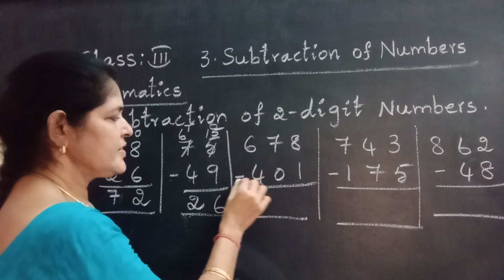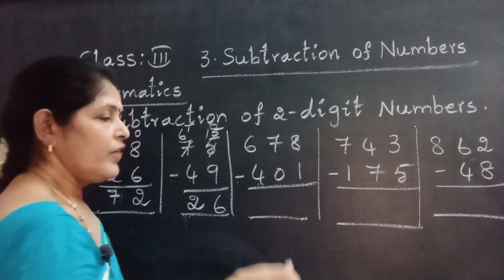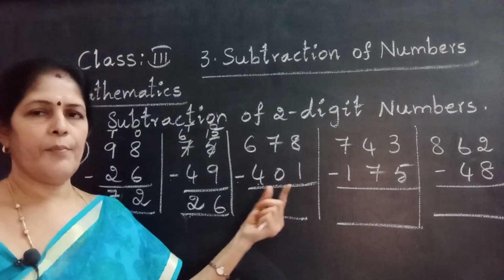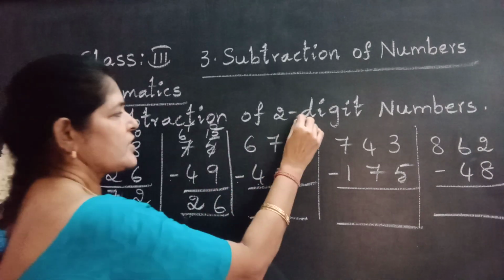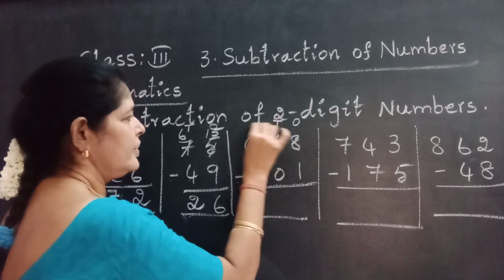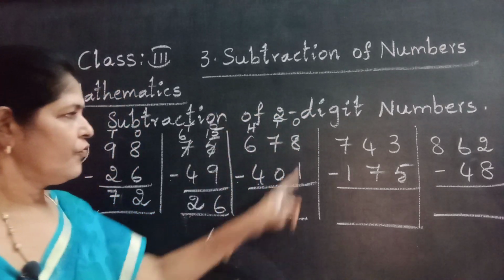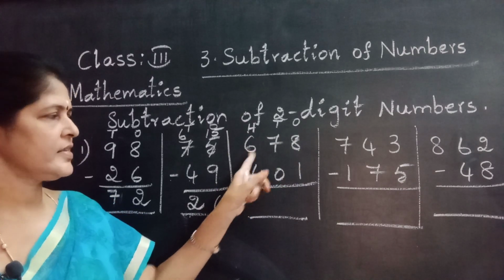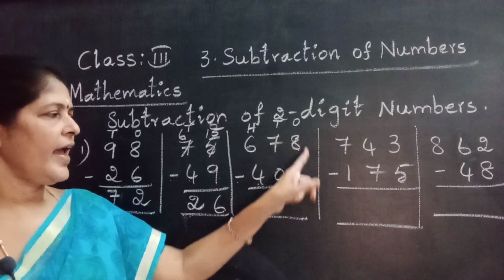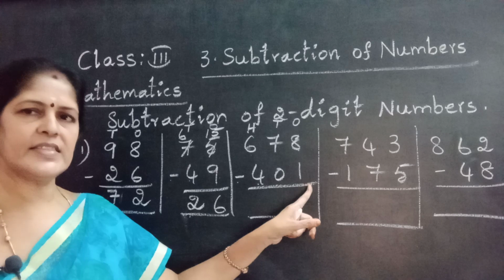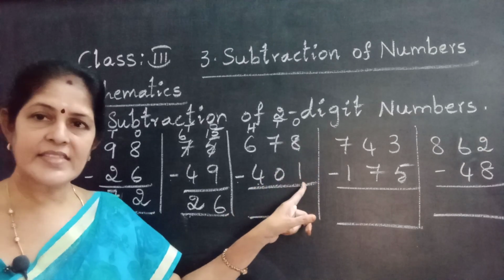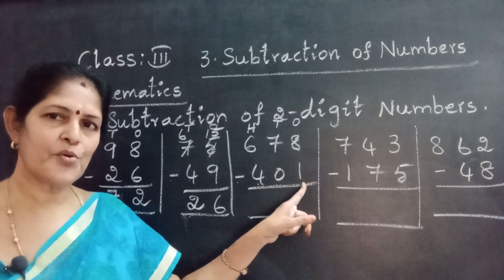678 minus 401. We subtract 3-digit number from 3-digit number. Start from ones. Ones, tens, hundreds. 8 is greater than 1. It is possible. Number minus 1. What is the rule?